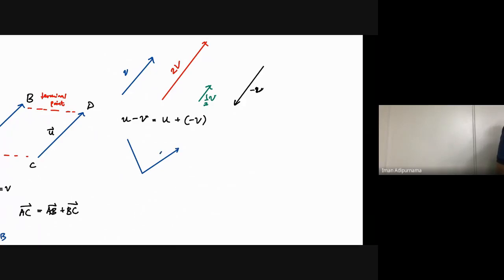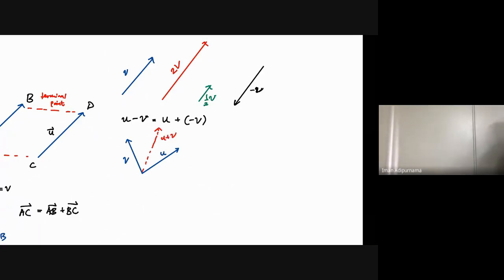Let's say this is U, this is V. We know from previous, this is U plus V, right?